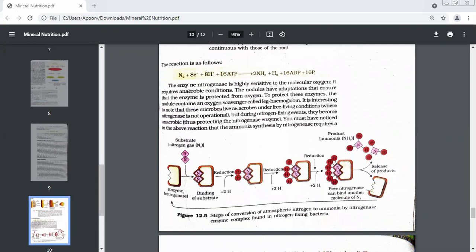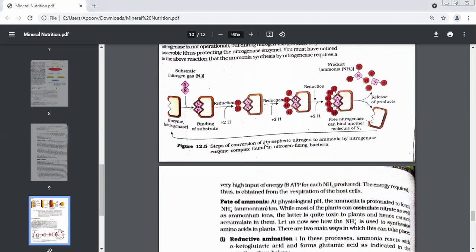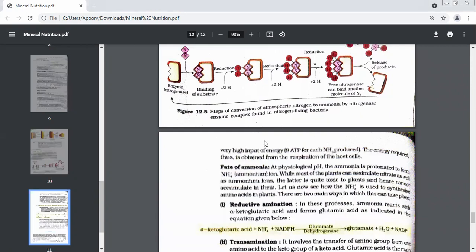So N2. What I want to tell you is when this nitrogen gets converted to ammonia, a lot of energy changes take place. How many ATP molecules are being involved in this process? See, 16 ATP. 16 ATP molecules for N2. Very high input energy, 8 ATP for each ammonia produced. What does this mean? 8 ATP for each NH3.